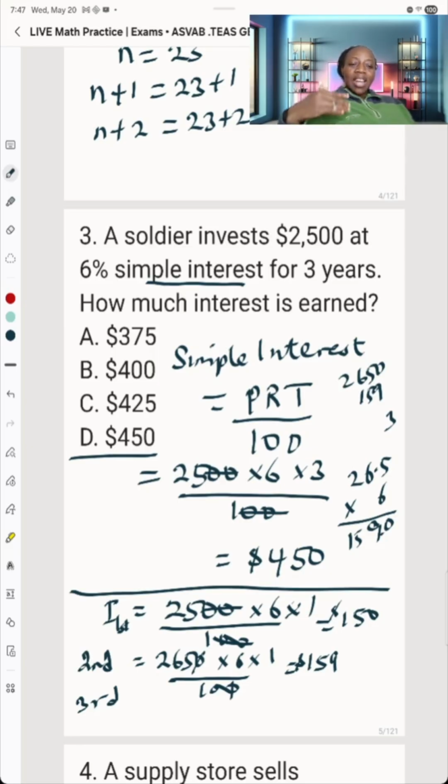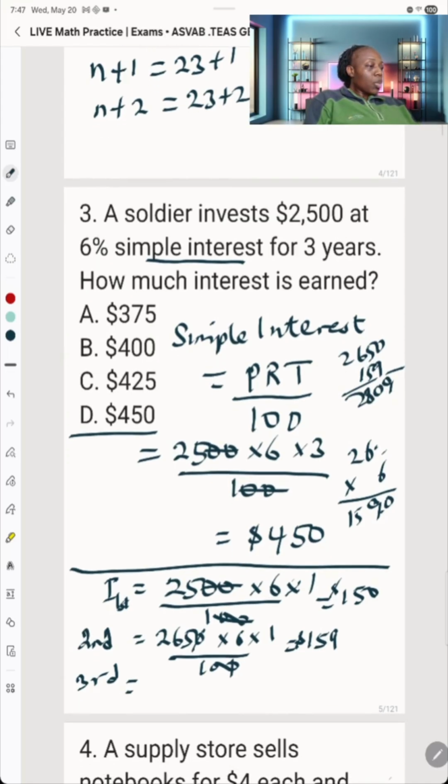And the moment you have it that way, the principal for the third year is 2,809 multiplied by 6 multiplied by 1 over 100.